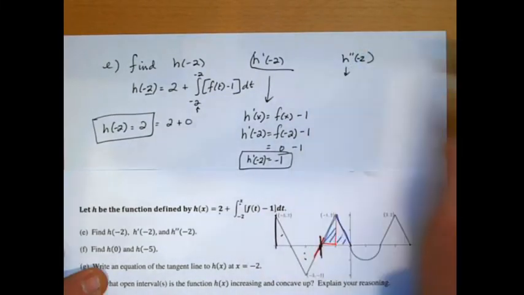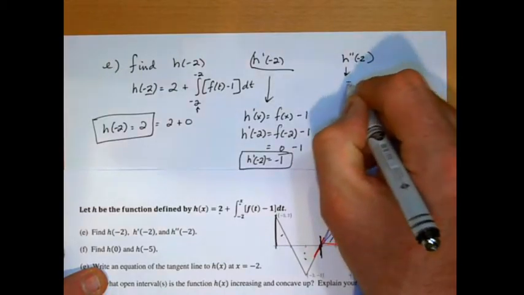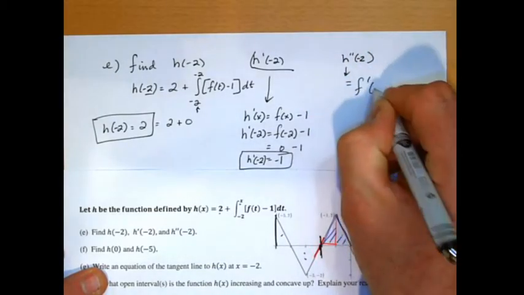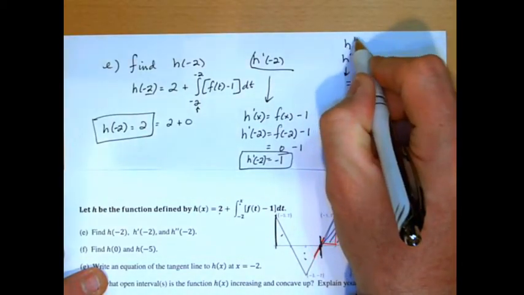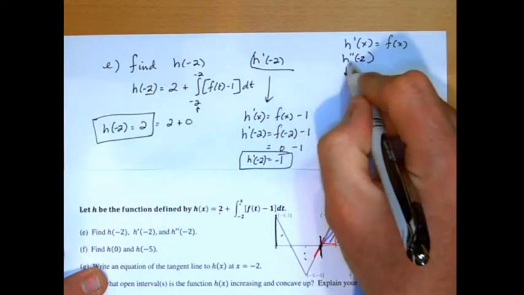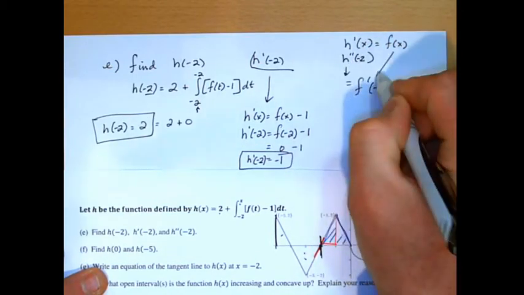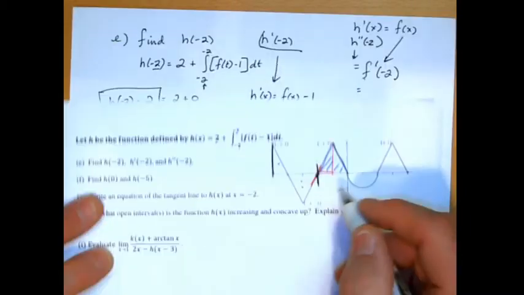And the second derivative is equal to the slope at negative 2. If h prime of x is equal to f of x, then the second derivative is the derivative of f, and that's the slope of f at negative 2.